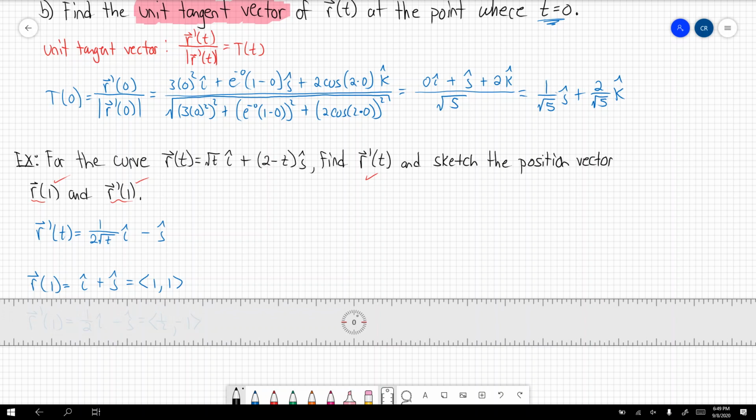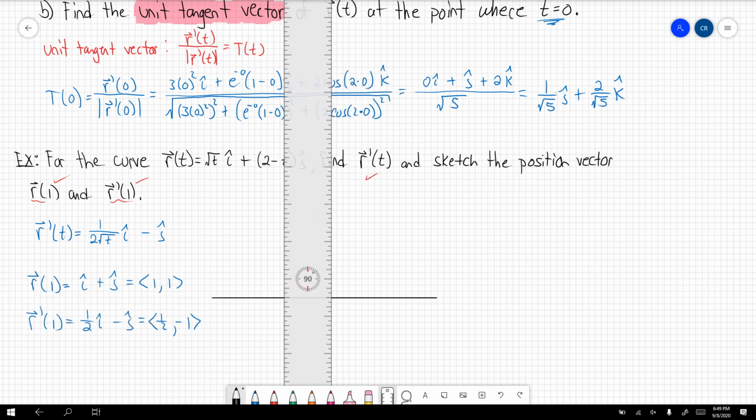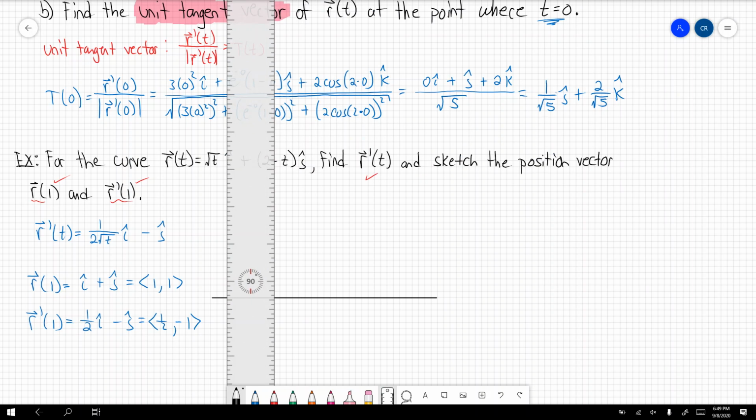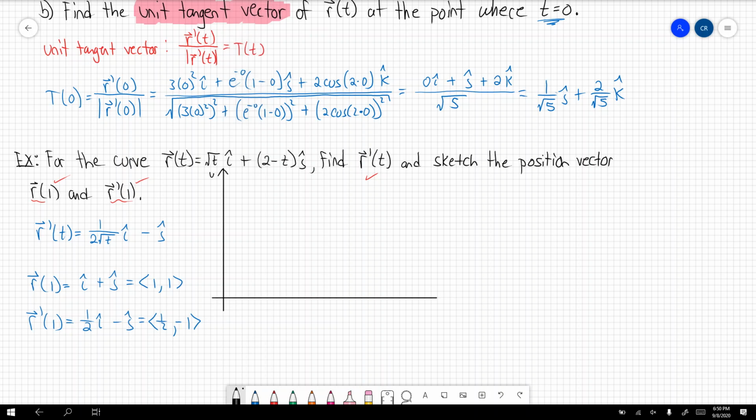I want to have a nice coordinate system here. So let's go here. There we are. So then this is going to be my y and my x.